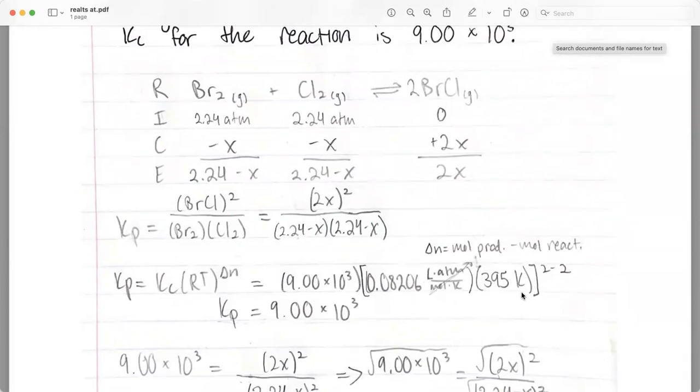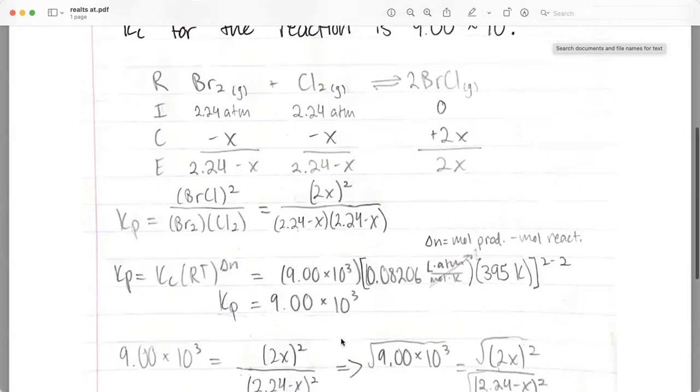And then the given temperature, which is 395 Kelvin. And then delta n is the moles of products minus moles of the reactants. So we have 2 moles of the product and 1 plus 1 mole for the reactants. So it's 2 minus 2, which is 0, and anything raised to the 0 power is 1. So Kp is just equal to 9.00 times 10 to the 3.